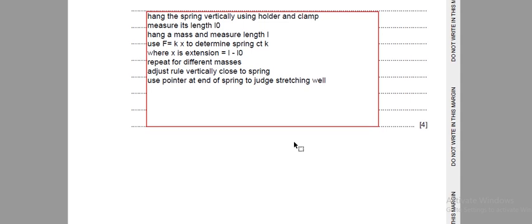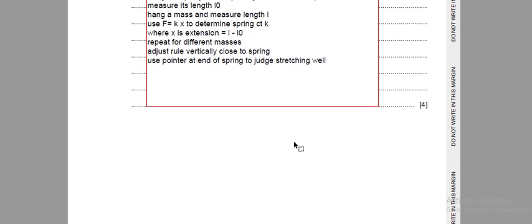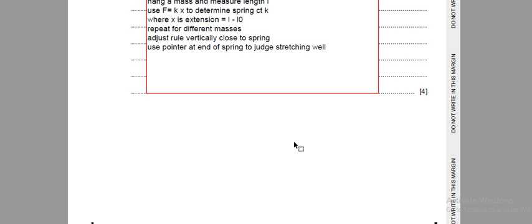Hang a mass and measure the stretched length, which is L. Use F equals Kx to determine K. x is the extension, which is the stretched length L minus the original length L naught. Repeat for different masses and use a pointer at the end of the spring to judge the stretching in the length well.